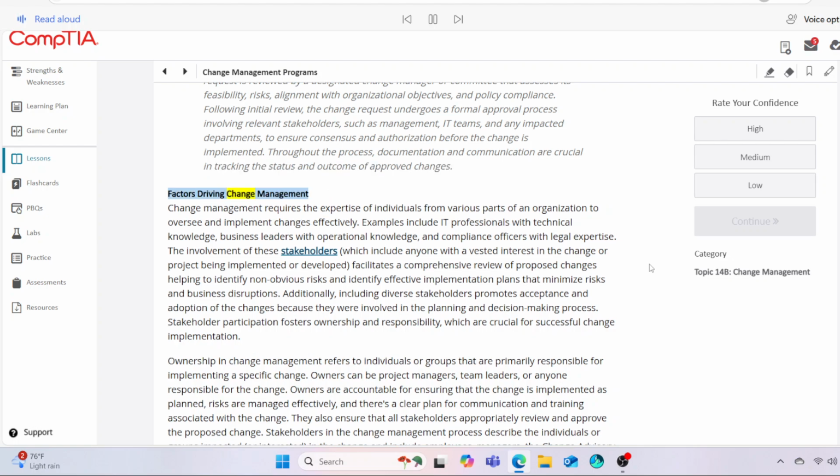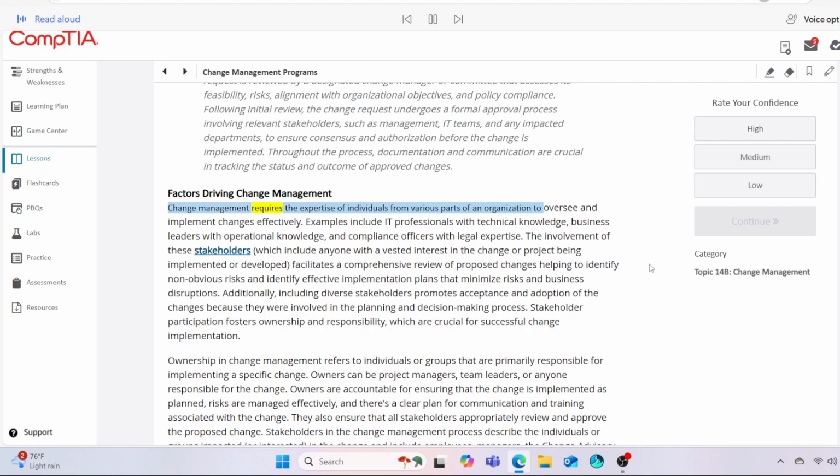Factors driving change management. Change management requires the expertise of individuals from various parts of an organization to oversee and implement changes effectively. Examples include IT professionals with technical knowledge, business leaders with operational knowledge, and compliance officers with legal expertise.